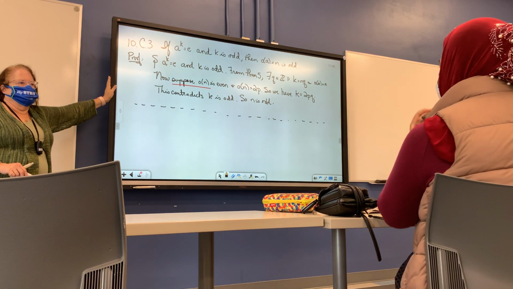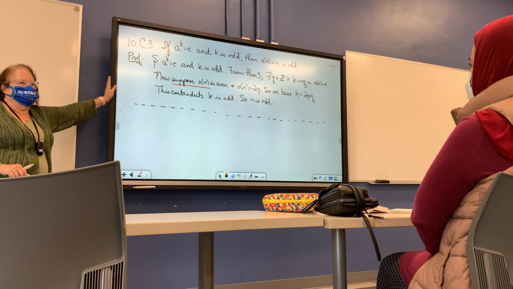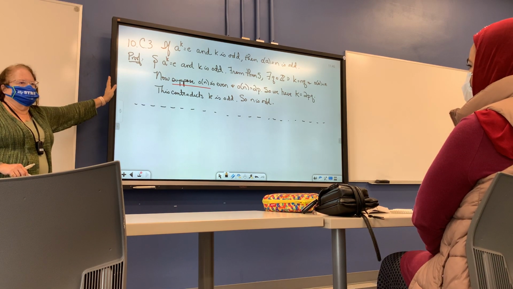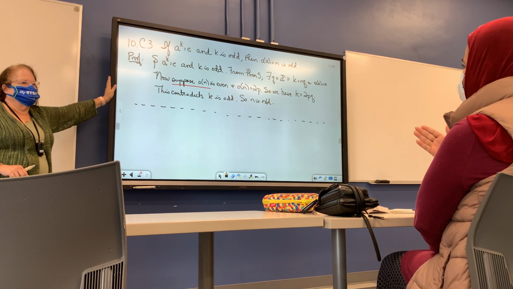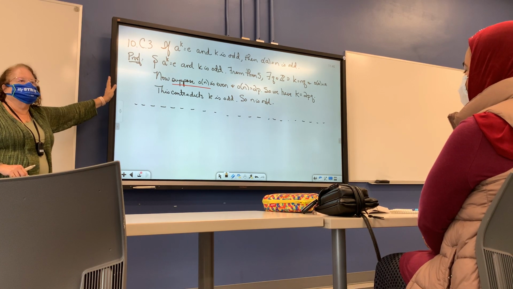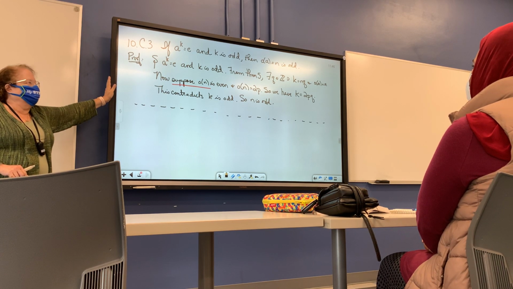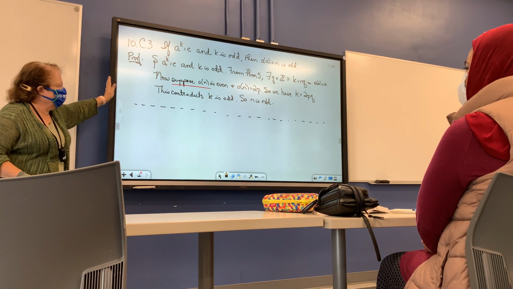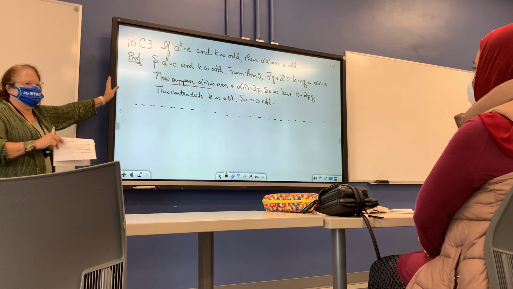This is like a basic property of odd and even numbers, like odd times odd is odd and odd times even is even. So for it to be odd, the n has to be odd. But there is a piece missing here.